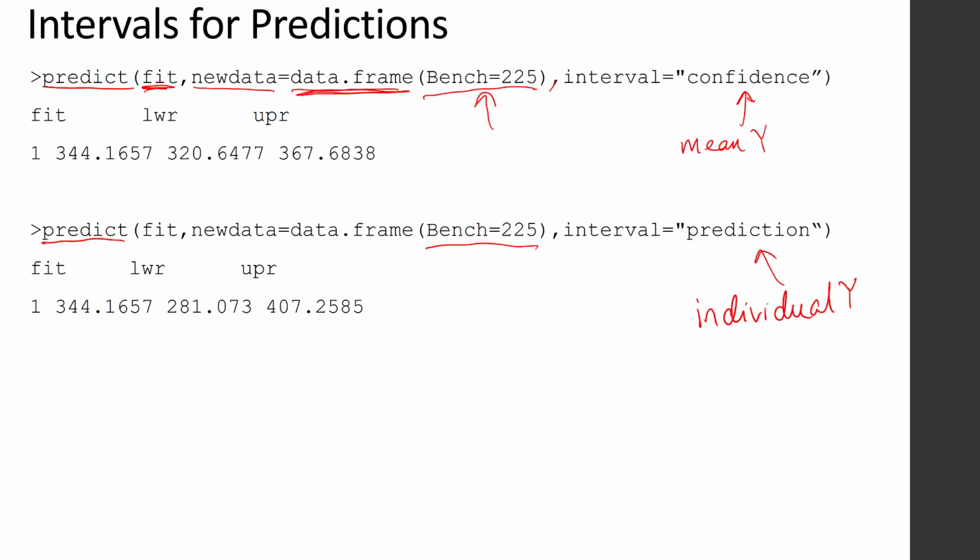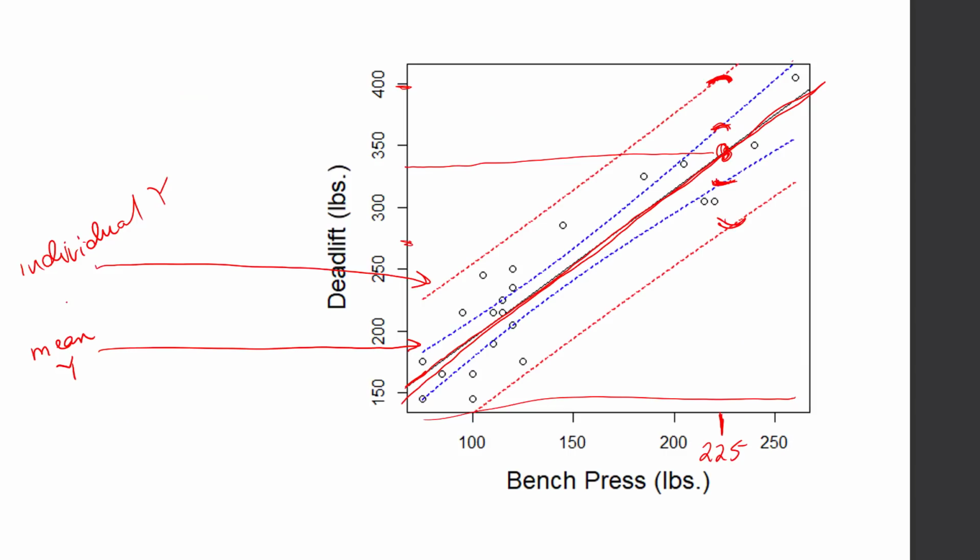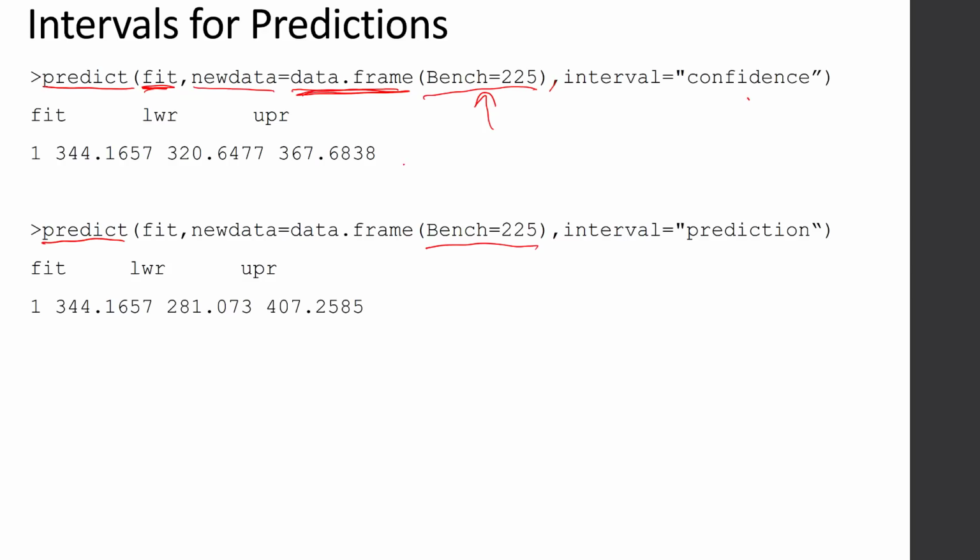Okay? Now, notice that my fitted value is the same for both of these. That's because that is plugging 225 into the regression equation and figuring out what Y value that corresponds to. And it ends up being 344.1657 pounds.